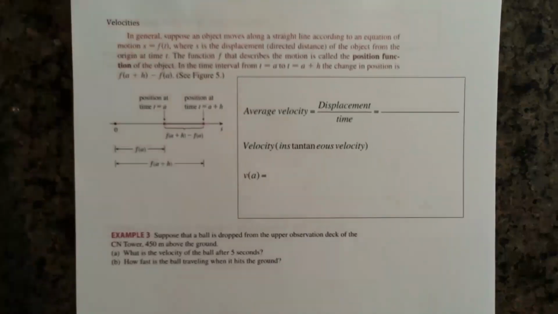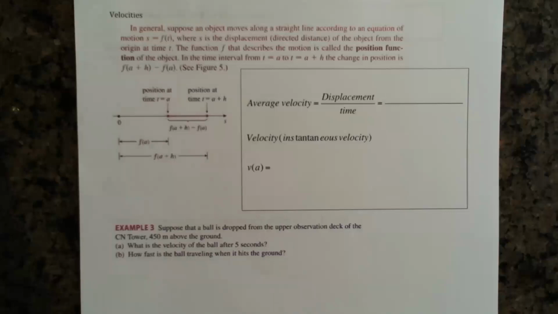All right, and we're going to talk about velocities. Velocity is not necessarily the same thing as speed. When you go into higher math, there's a more specific definition when it's in vector form and so on. All right, so in general, suppose an object moves along a straight line according to the equation of motion, where s is the displacement of the object at any given time t.